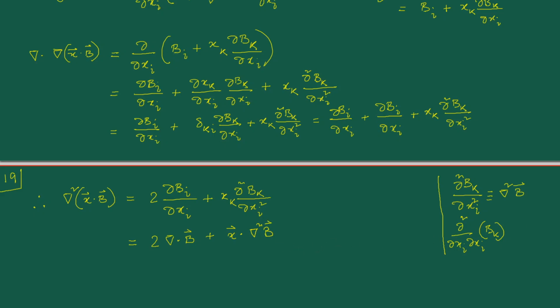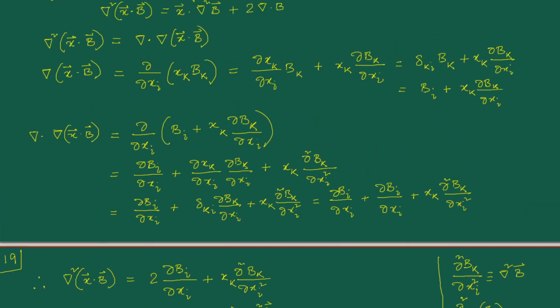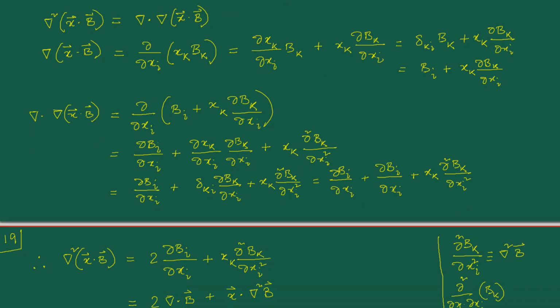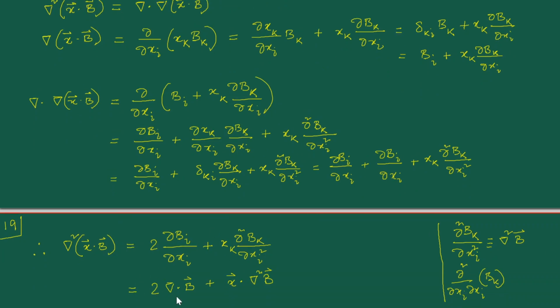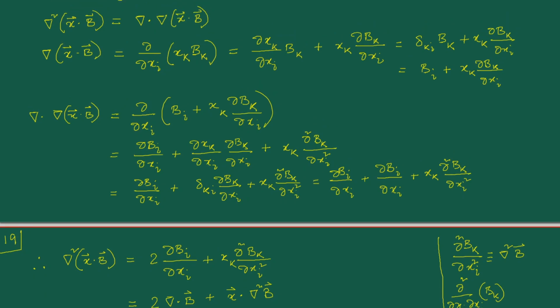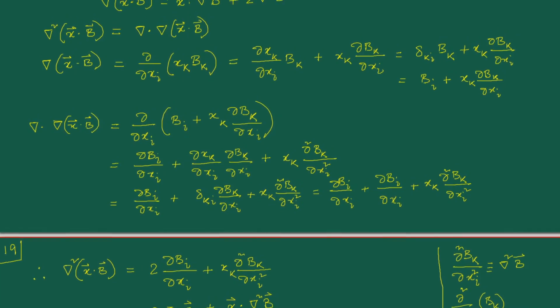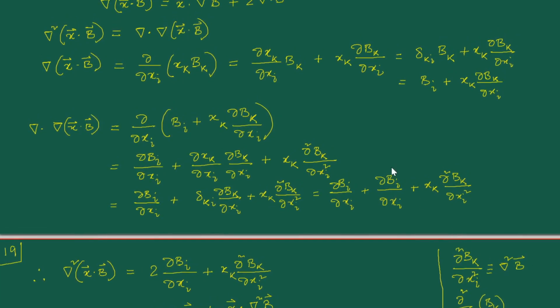And if we look back at what we wanted to prove, you see we have obtained the terms, the del square x vector dotted with b, this term, that is giving us exactly what we wanted. So twice divergence of b plus x vector dotted with the Laplacian of b. Okay, so this term is present here and this term is present here. So our proof is done.